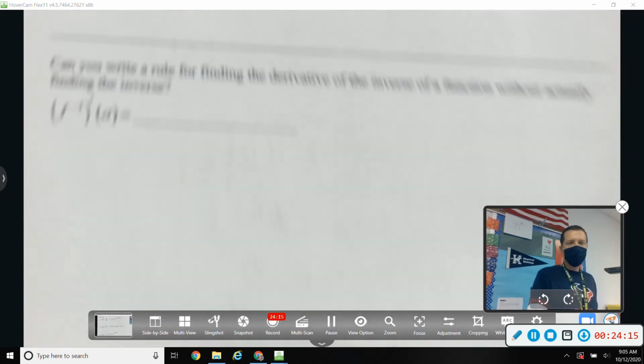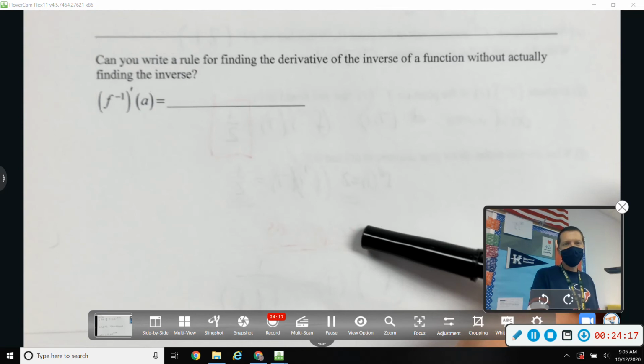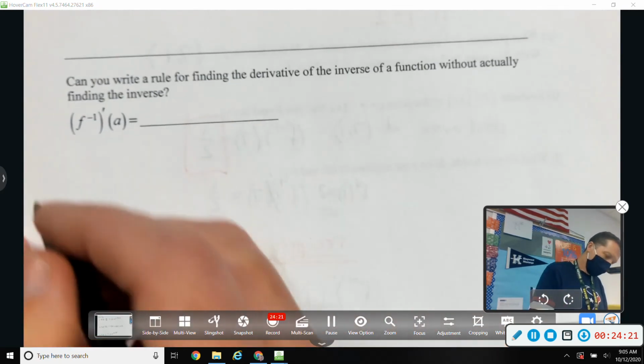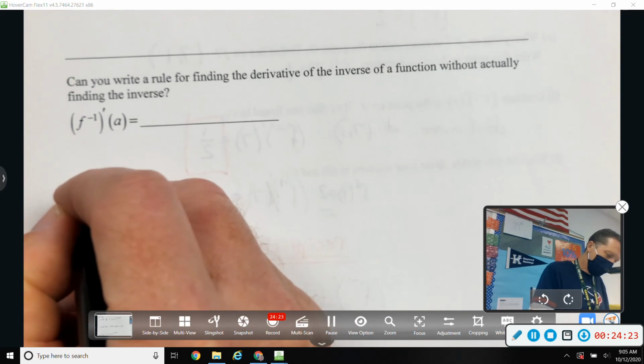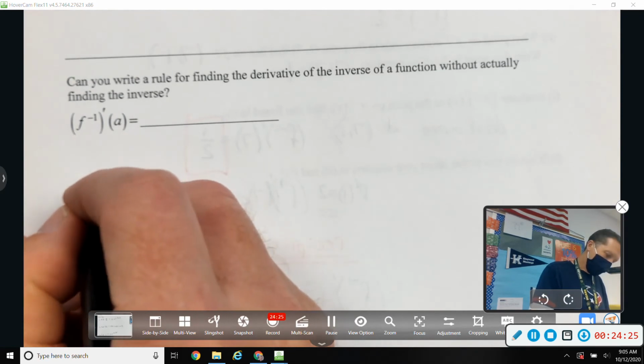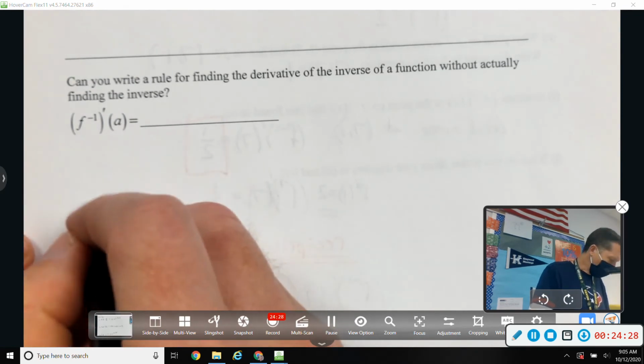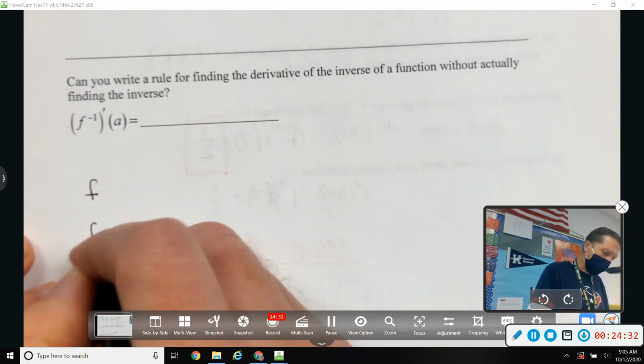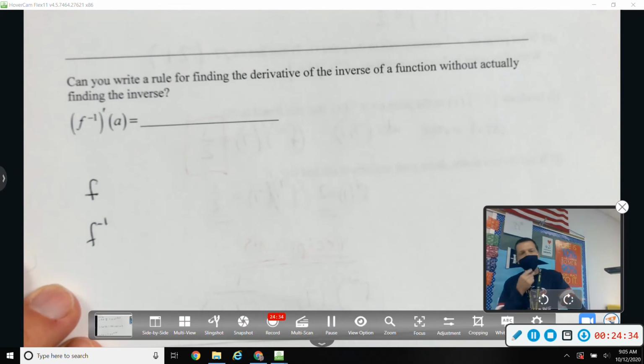Can you write a rule for finding the derivative of the inverse function without actually finding the inverse? So if we want, I end up making a table for this and filling out the pieces of the table. So this is kind of the order that I'll go.